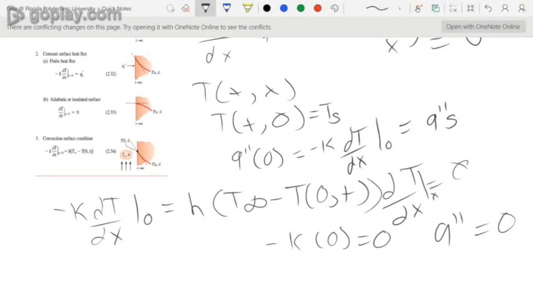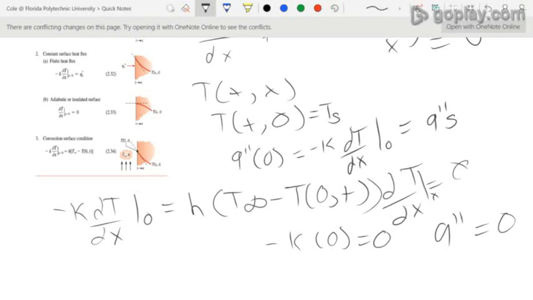And so it's going to equal essentially the surface temperature, because it's at the initial position, which is the surface, at any given time. The air temperature minus the surface temperature at any given time is equal to the heat flux at the surface.